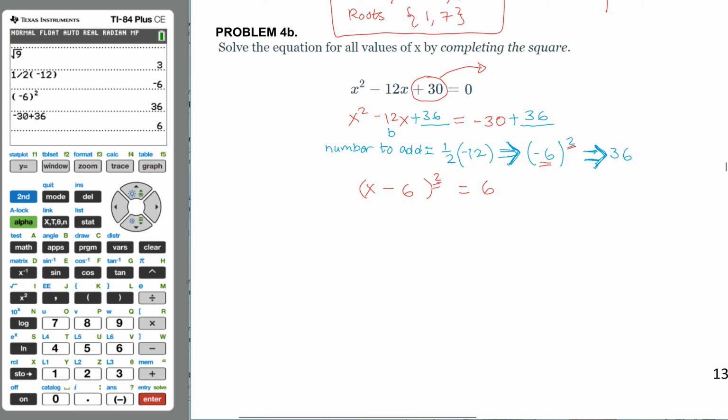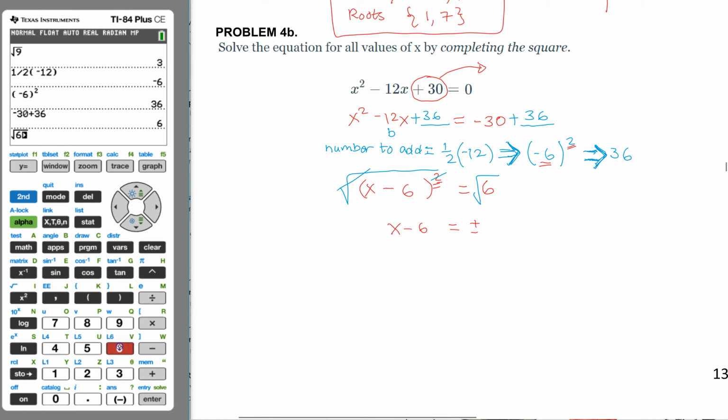Now there is a square here because I'm solving for x, so I just get the square root on both sides. Square root, square root. So this one cancels out. What's left here would be x minus 6 equals, don't forget to put the plus minus square root of 6. Let's see if there's a square root of 6. Square root of 6.